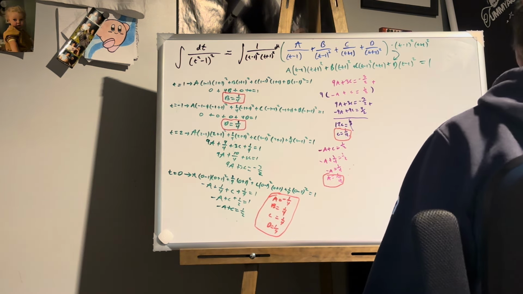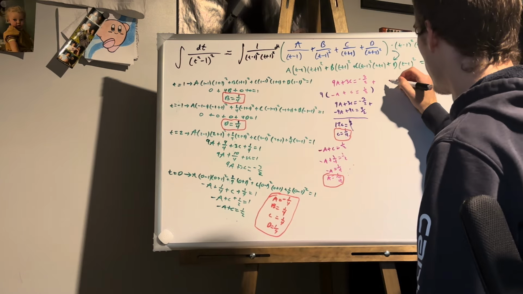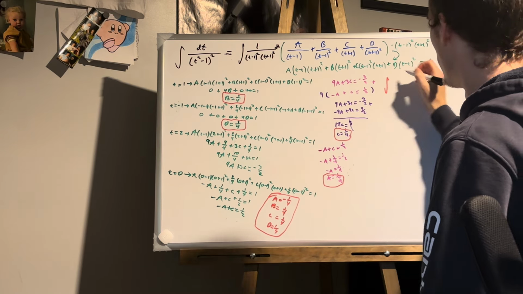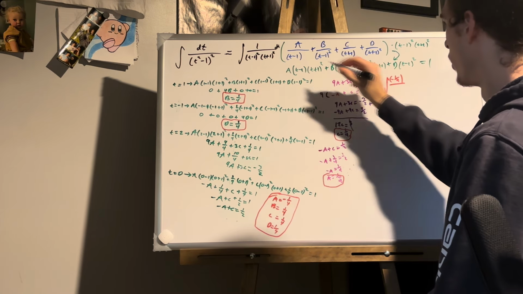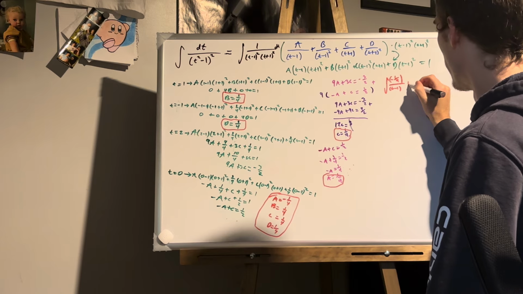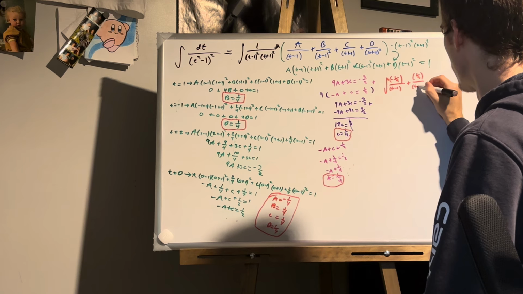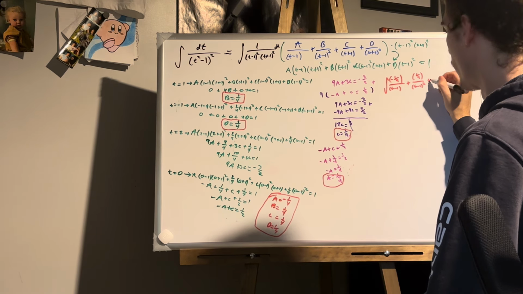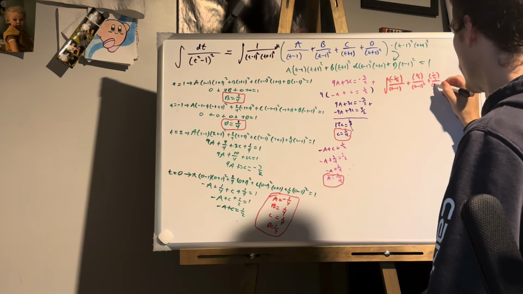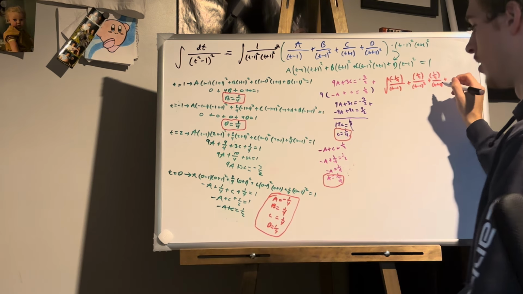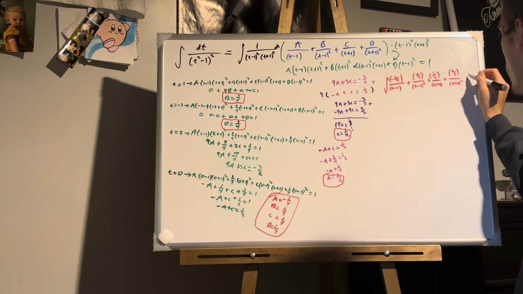So we need to take an integration. So what we actually have here is the integral of a, which is negative 1/4 over t minus 1, plus b, just 1/4, over t minus 1 squared, plus c, which is 1/4, over t plus 1, plus d, which is 1/4, over t plus 1 squared, dt.